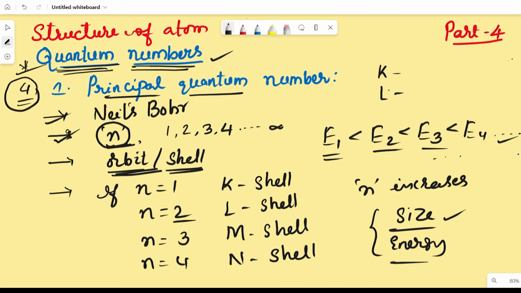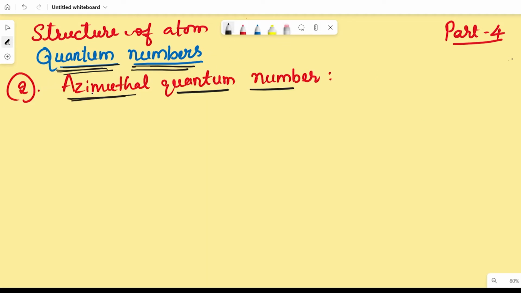Now let us see the second quantum number, the azimuthal quantum number. In the Sommerfeld elliptical model, as I explained in the last class, if n is equal to 1, it has only one circular orbit and its L value is 0, right?